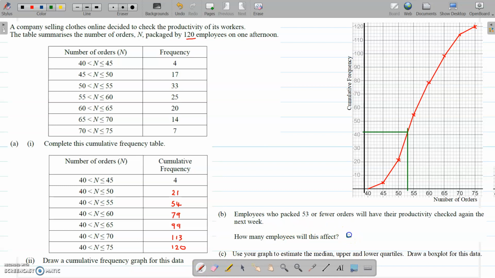They will give you some leeway on this because of the accuracy of your own graph. Okay, so that's the questions answered so far. I've added an extra question here, part C, which is to use the graph to estimate the median and upper and lower quartiles and then draw a box plot for this data.